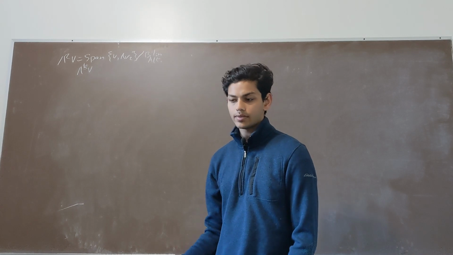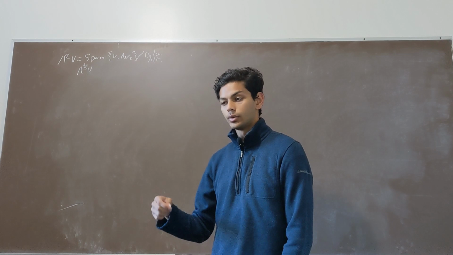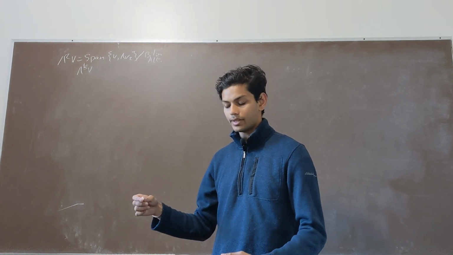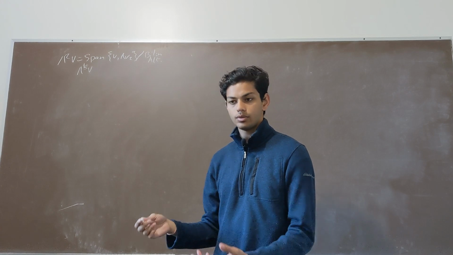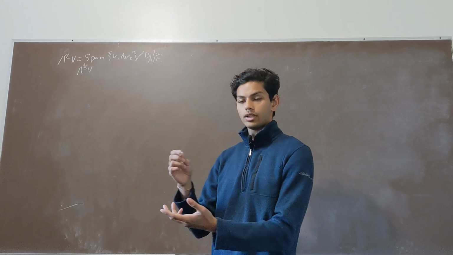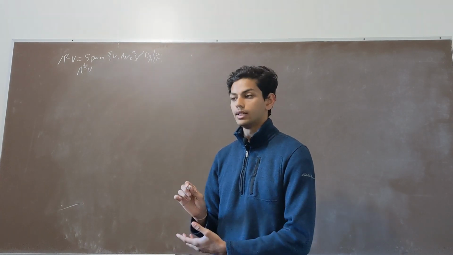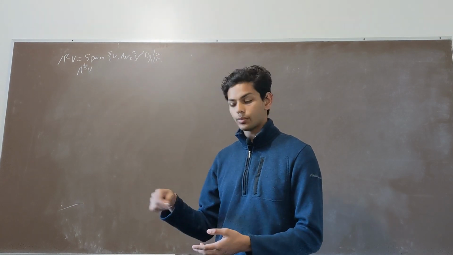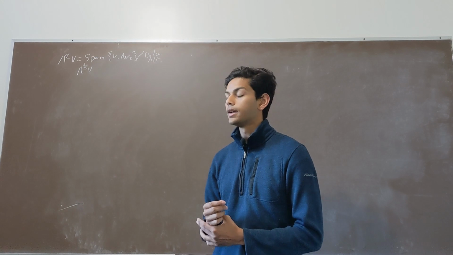As I kept saying in the previous videos, you're going to need to impose some special area axiom or special volume axiom, which tells you that we're going to pick some vectors, e1 and e2, and declare that the unit square spanned by these two has an area of 1. Then every other parallelogram has an area that is a multiple of that, and that's how you can define areas once you have the area of some special square or cube or whatnot.